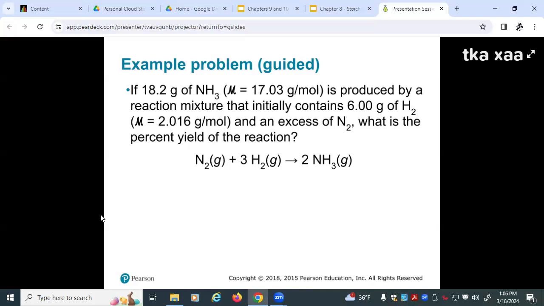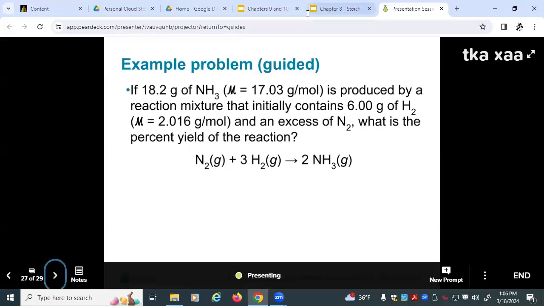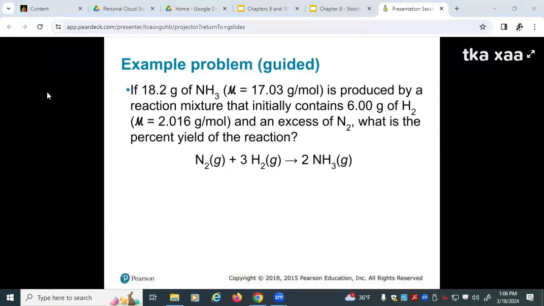Now, in this particular case, I need to kind of highlight what my individual things are that I'm interested in. So this 18.2 grams of ammonia, we are told that it was produced.